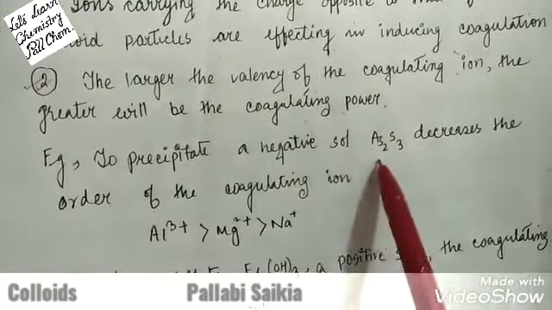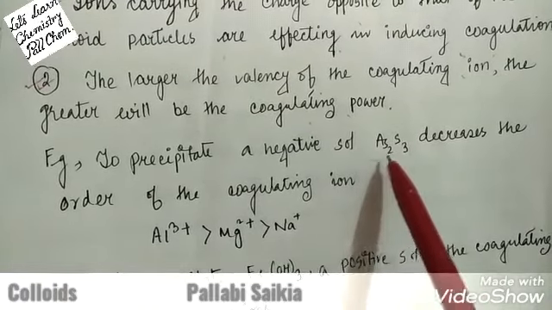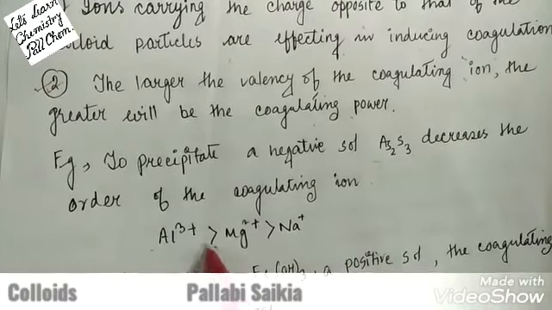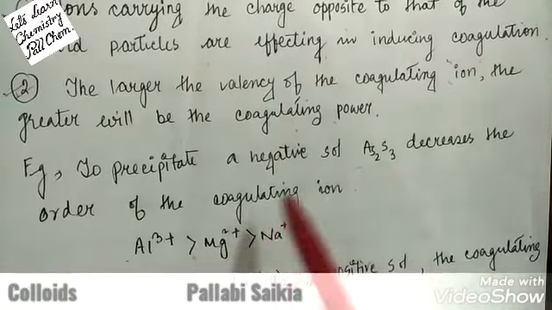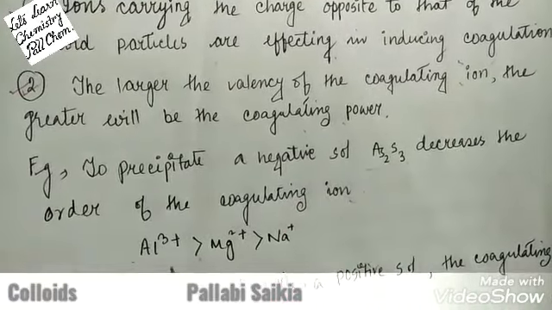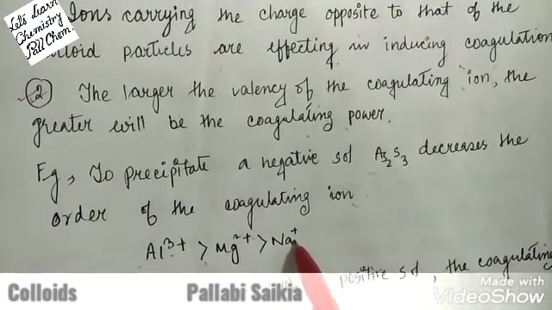For example, As2S3 is a negative sol, so the coagulating power will be explained by positive electrolytes. The coagulating power of the electrolytes has the order 3 positive is greater than 2 positive, which is greater than 1 positive.